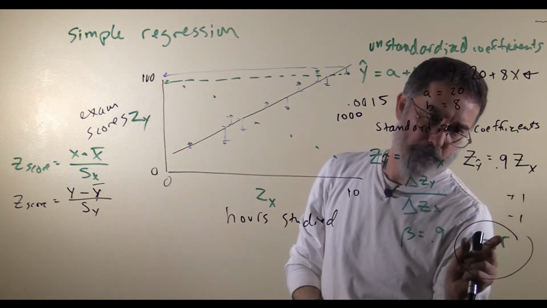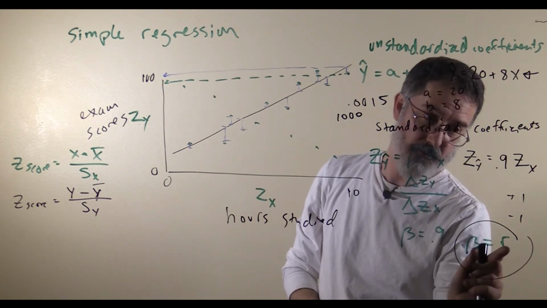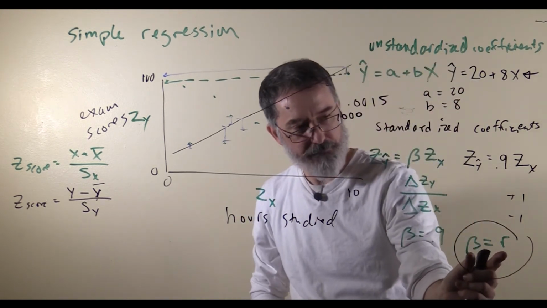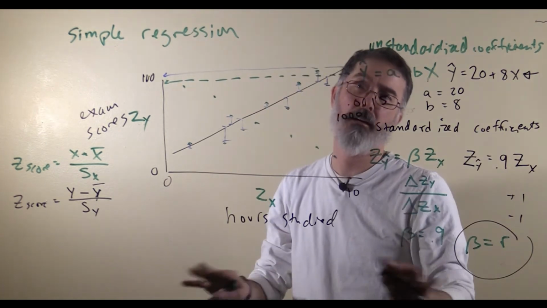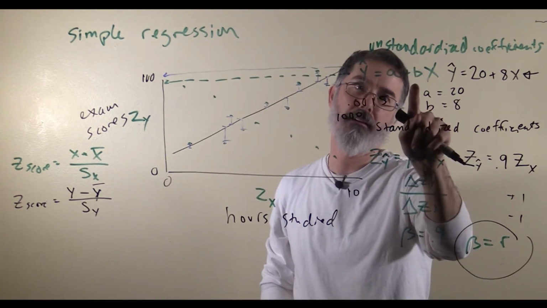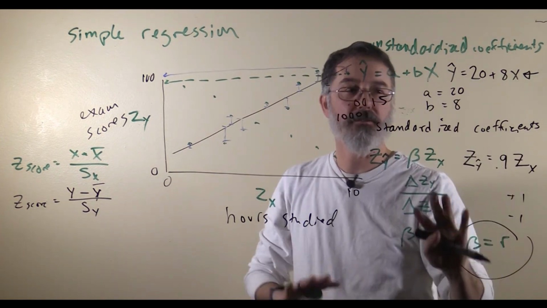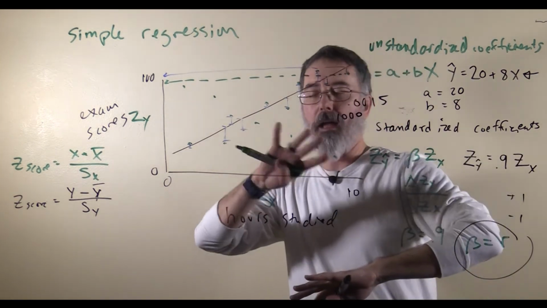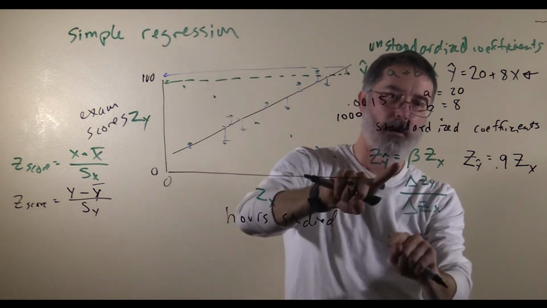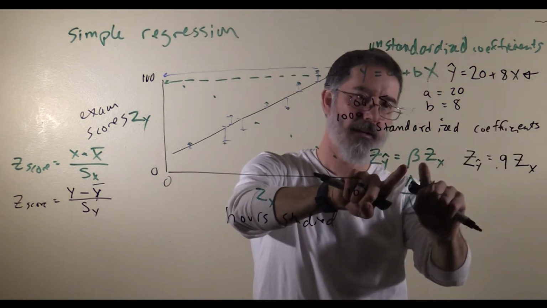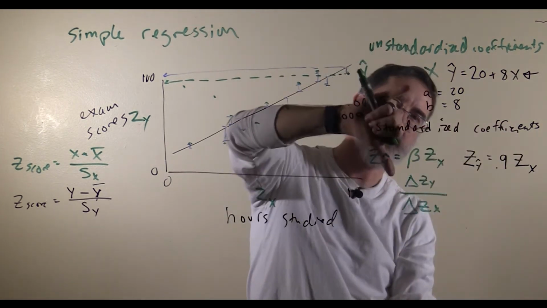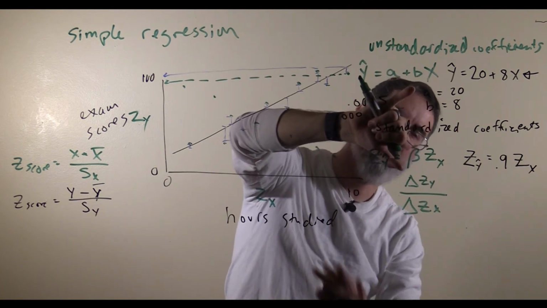All right, so betas, or r's equivalently for simple regression, are much easier to interpret and compare across analyses than b values are. So that's one thing that makes these standardized coefficients really useful, is you can compare apples to oranges.